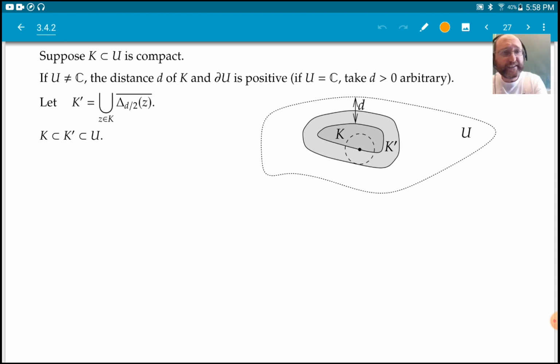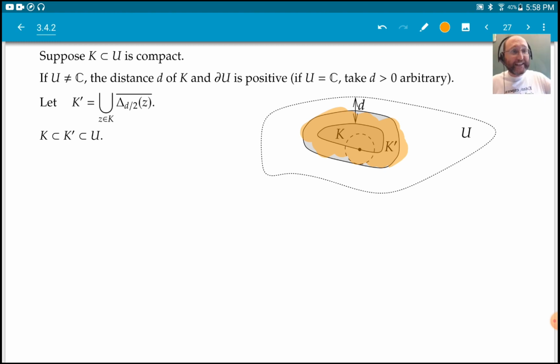What I claim is that this K prime, this sort of fatter K, is still compact and is still a subset of U. That it's a subset of U is fairly easy, because D is the distance from K to the boundary. So if I only go D over 2 away, I can't be at the boundary yet.